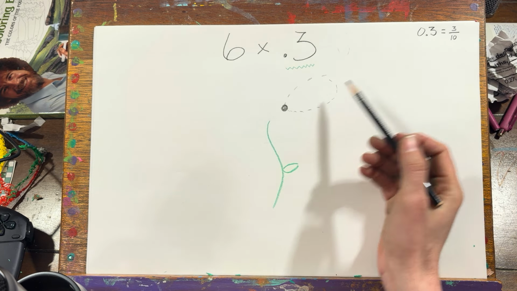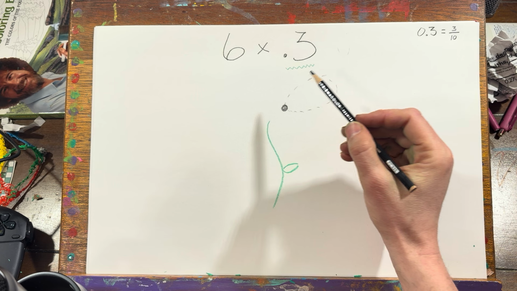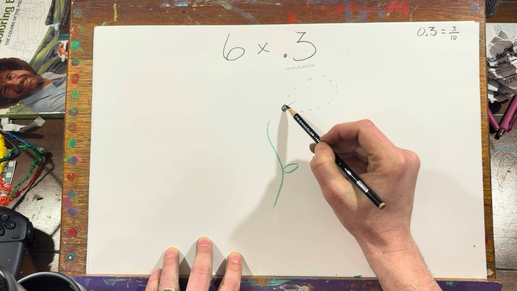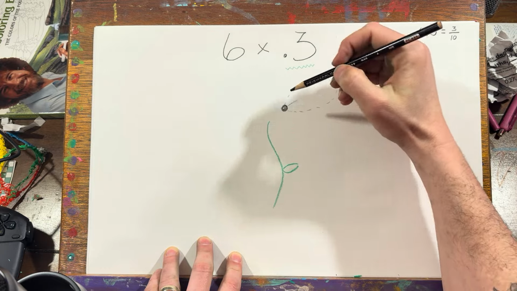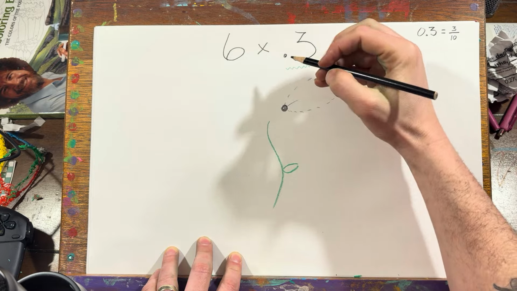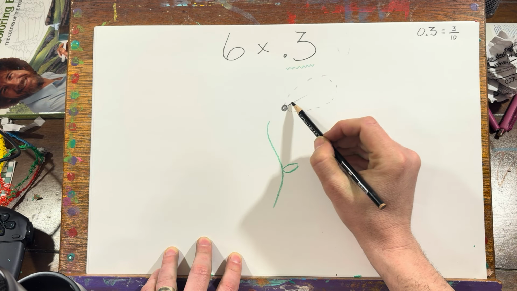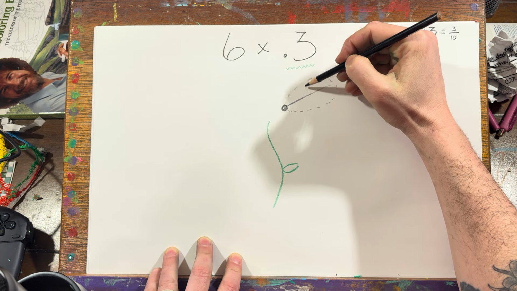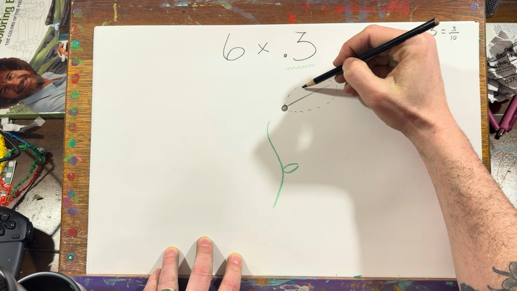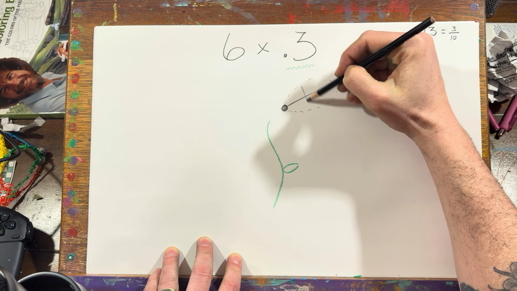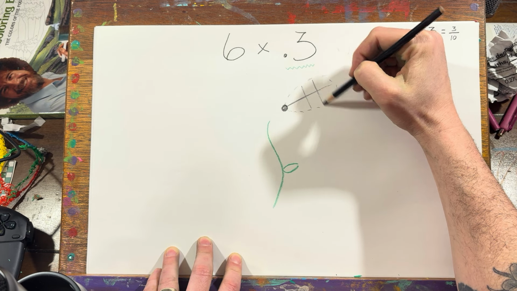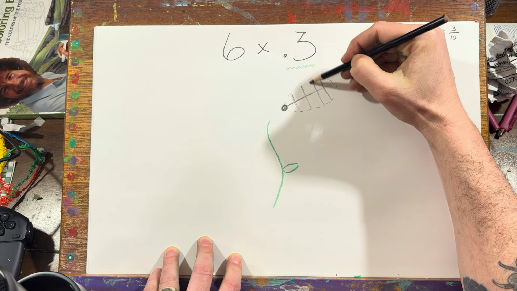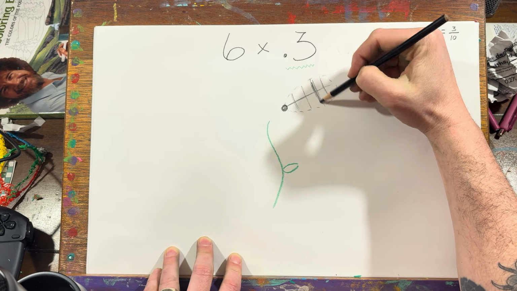So if this is 1 petal, 3/10 of a petal, one way I could think about that is by cutting this petal into 10 equal pieces. So I'll chop it there. I'll chop it here, here, here, and here. Now, of course, these are not precisely equal.